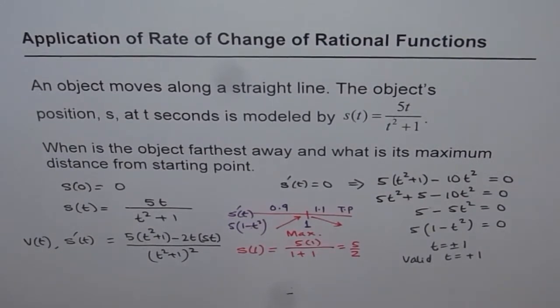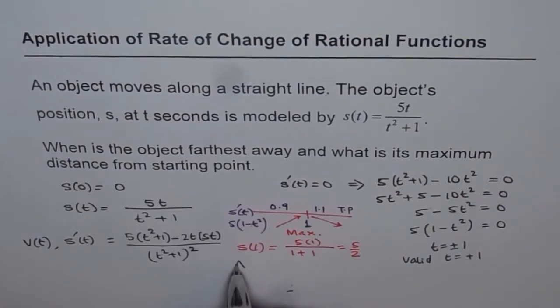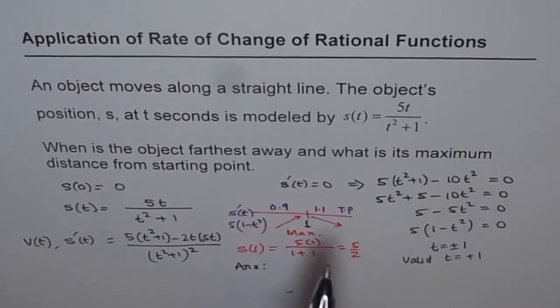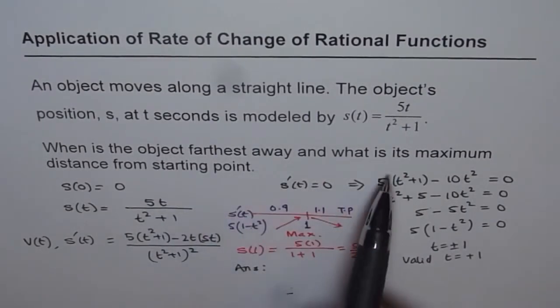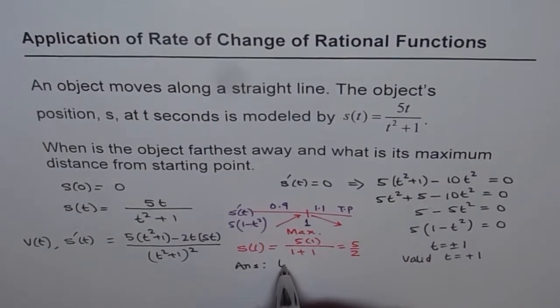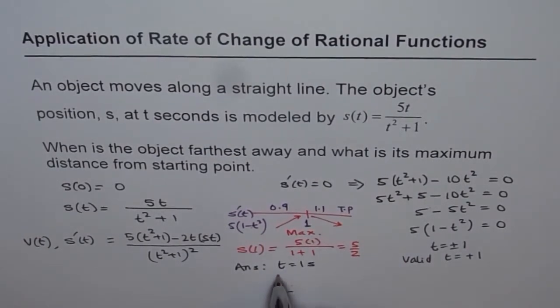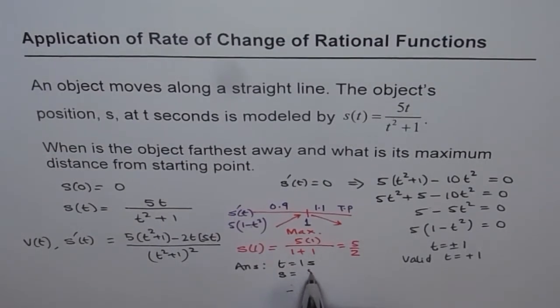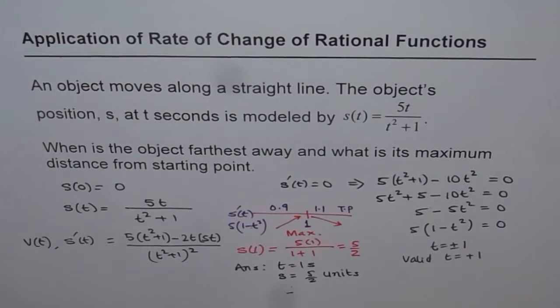And therefore we get our answer: the object is farthest away when t is 1 second, so t equals 1 second and s equals 5 over 2 units, or 2.5 units, correct? So that is the answer. I hope you appreciate it. Thank you.